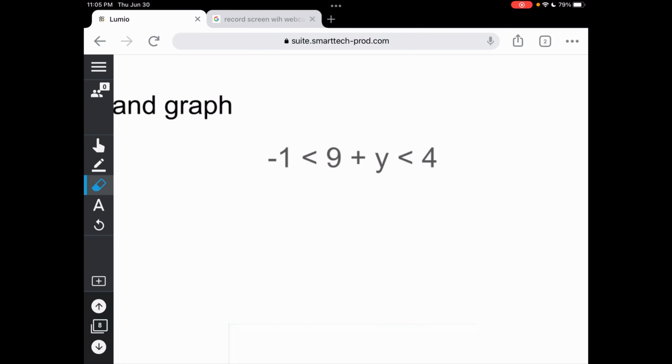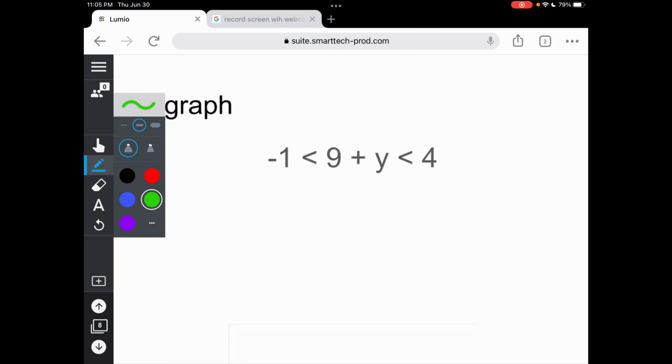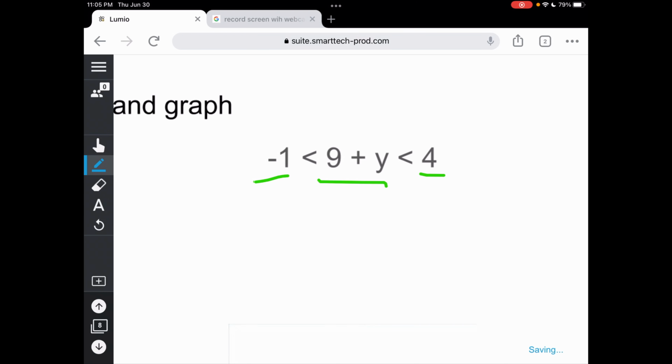And whenever I solve, I do stuff to both sides. But wait a minute. Both sides? There's 3 sides. Ugh. If I'm going to get y all by itself, should I subtract 9 from all 3 sides? Yup.